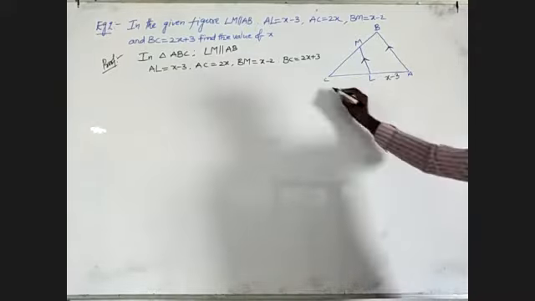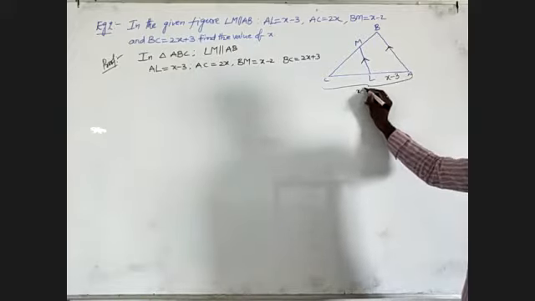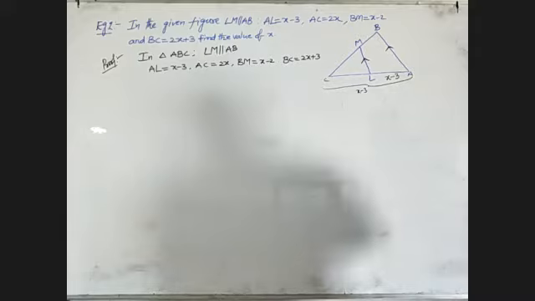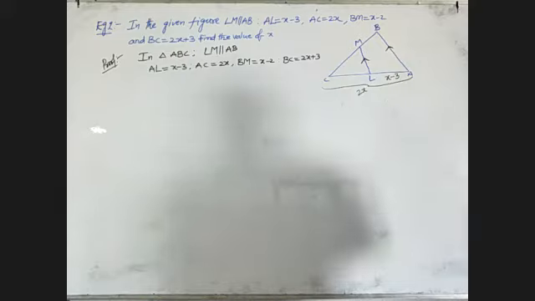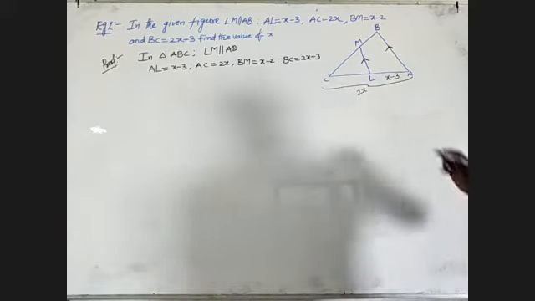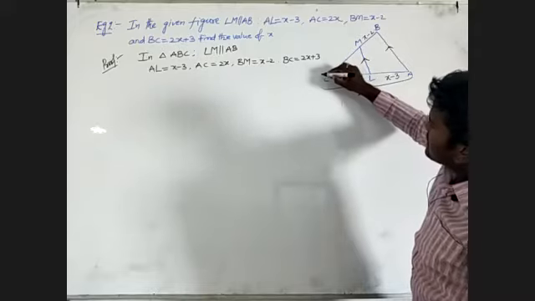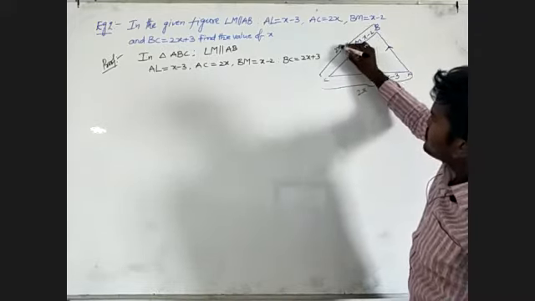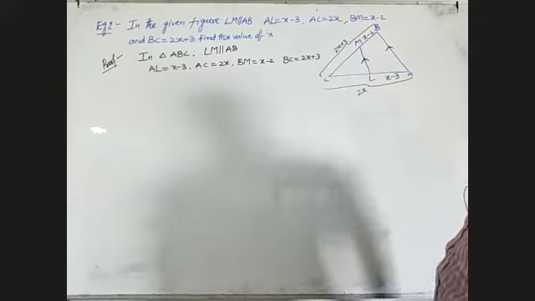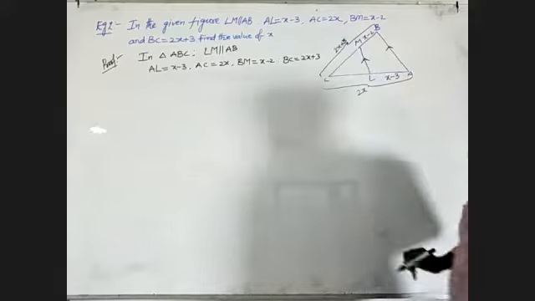The total distance AC, the length of AC, is 2x, given. After that, the length of BM will become x minus 2. After that, the length of BC must be 2x plus 3. These are the given values by the above figure.